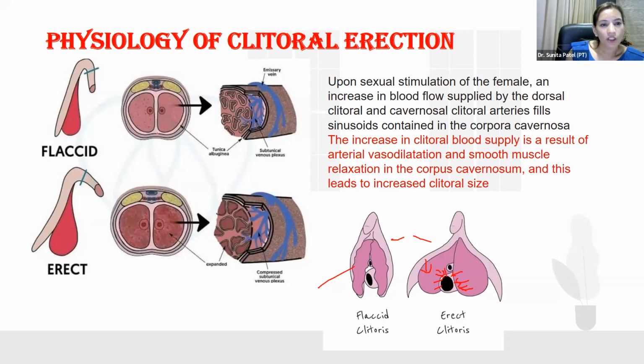And if you zoom in, you will see this kind of cavernosa present internally, with few small openings. And these openings are going to be filled up with blood.